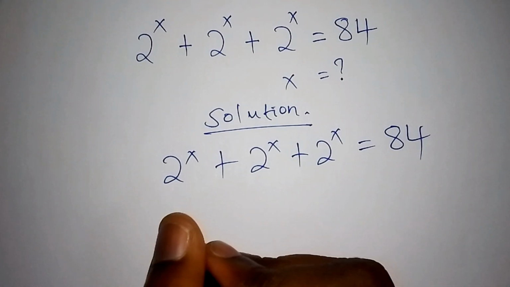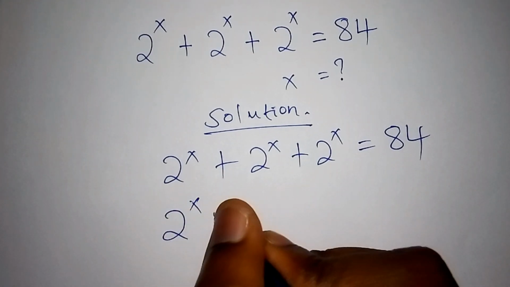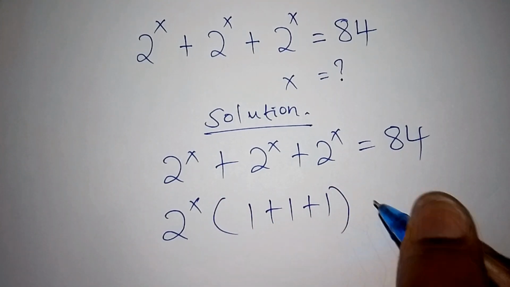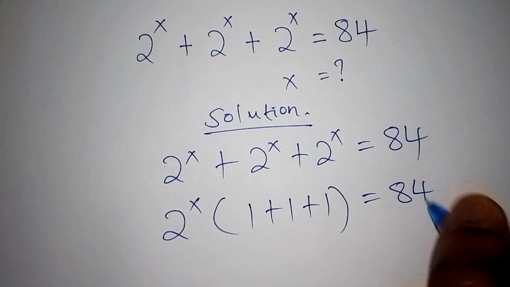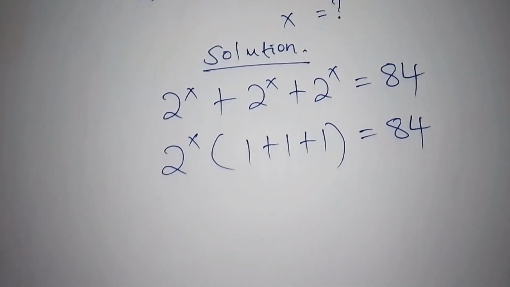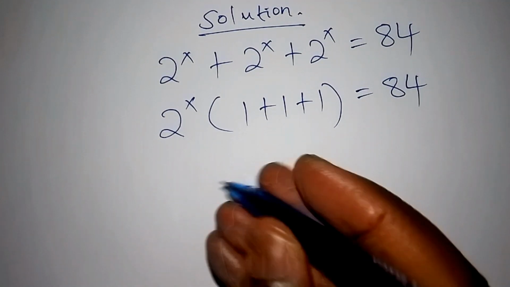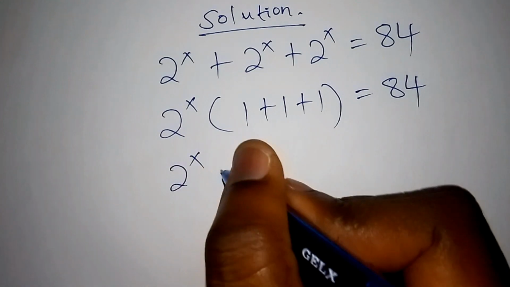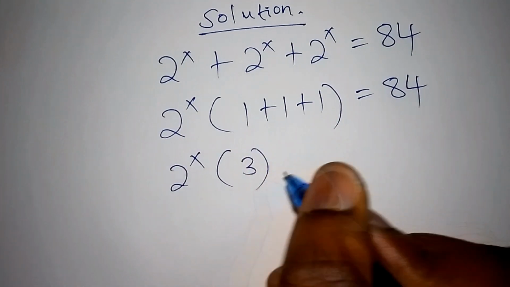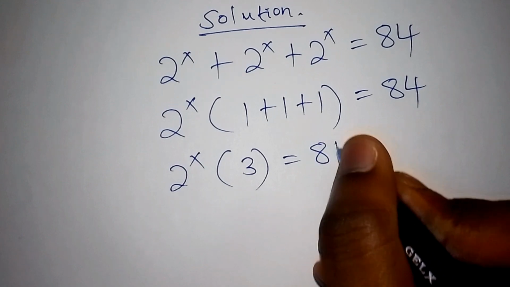Now 2 to the power of x into bracket 1 plus 1 plus 1 close the bracket equals 84. When we open this bracket we end up with the expression above. So 2 to the power of x into bracket 1 plus 1 plus 1, which is 3, equals 84.